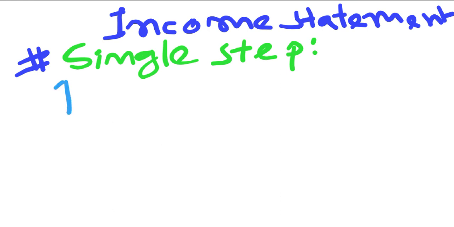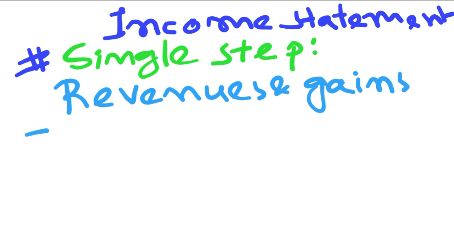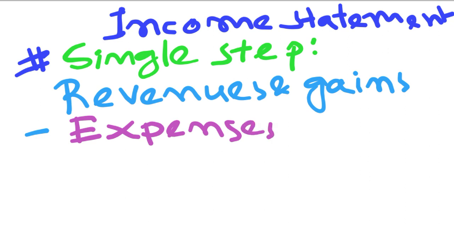So first revenues and gains, then minus, we will be subtracting from revenue the expenses and losses.